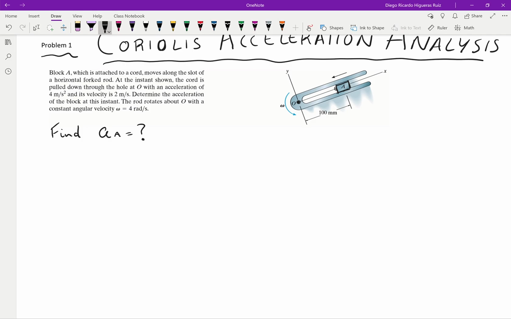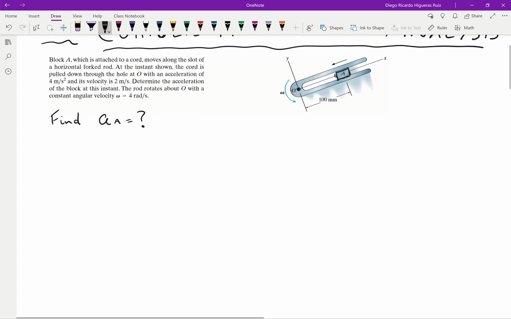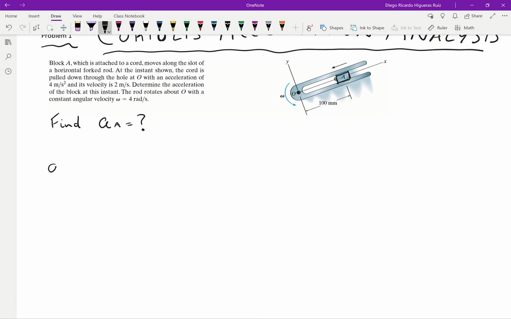and to do that I'm just gonna write the kinematic equation to calculate that acceleration. So the acceleration of A is gonna be equal to the acceleration of point O using the relative motion equation, right?